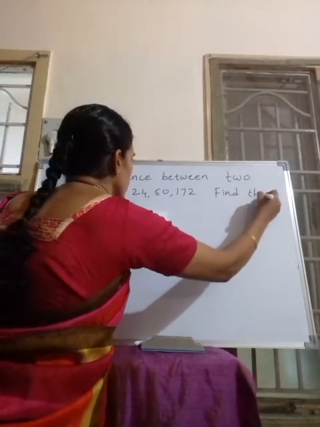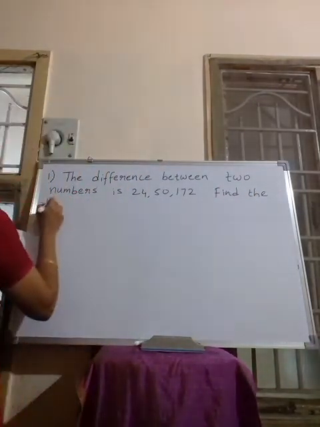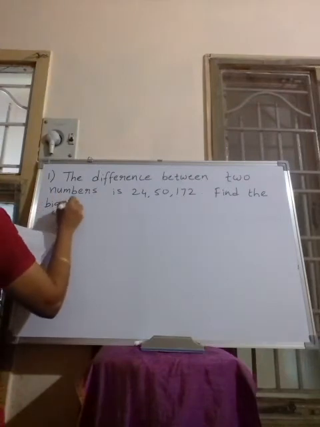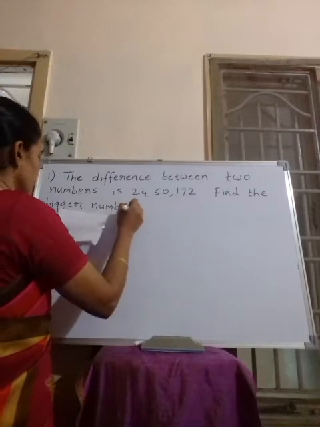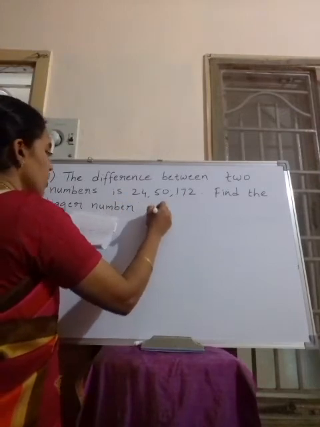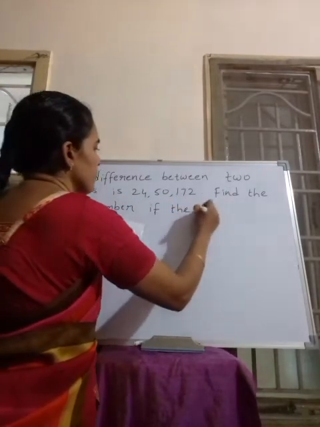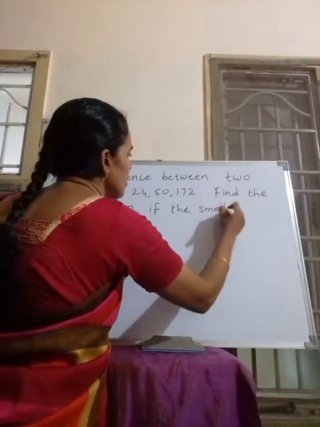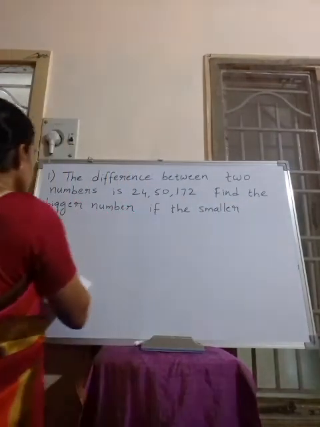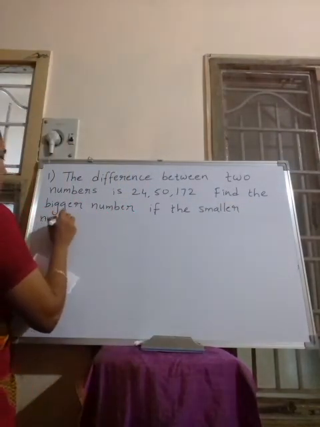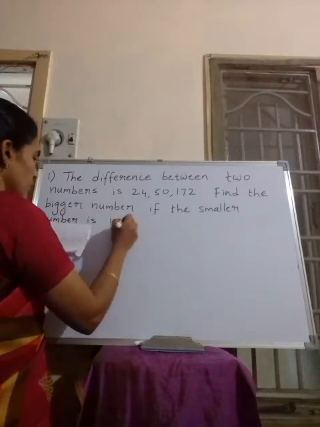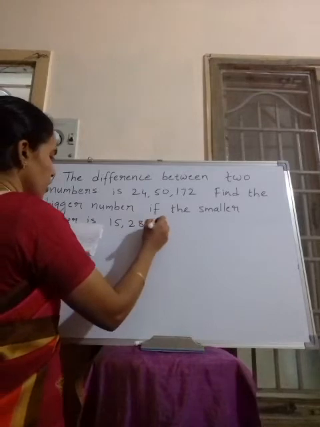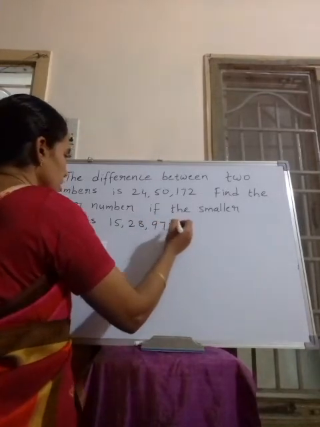Find the bigger number if the smaller number is 15,28,978.